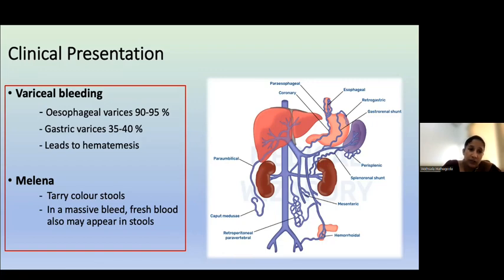Out of the hematemesis, I would say the majority, 90 to 95%, is due to esophageal varices, and gastric varices also contribute around 35 to 40%. When it is lower down, it can present as tarry color or melena, or fresh bleeding as well if it is the rupture of a varix in the rectum. So that is one of the commonest presentations of portal hypertension.